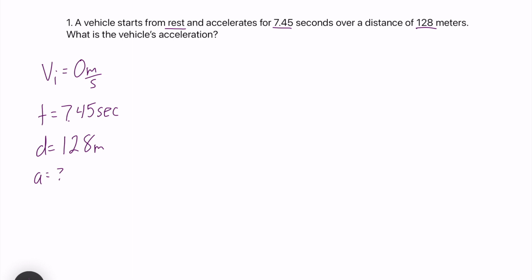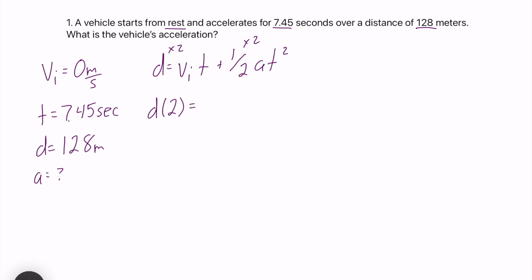So our formula again is just going to be our distance equals VIT plus 1/2 AT squared. So we have to get acceleration alone. The very first thing I am going to do is get this 1/2 from the right side to the left, which means I will multiply the left side and the right side by 2.